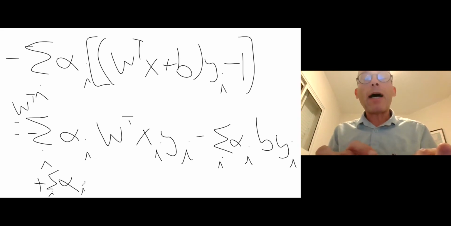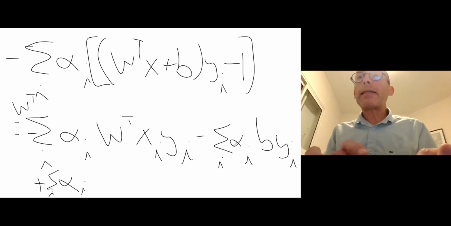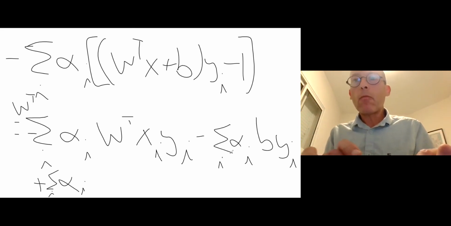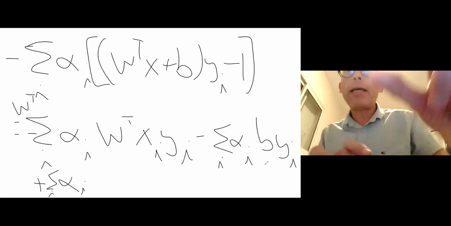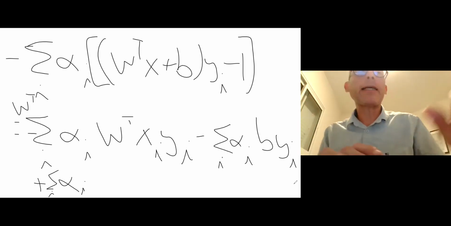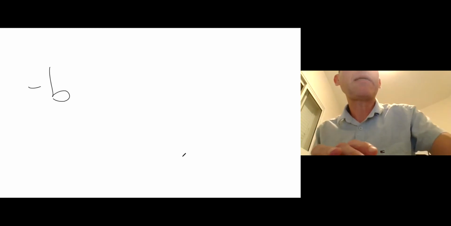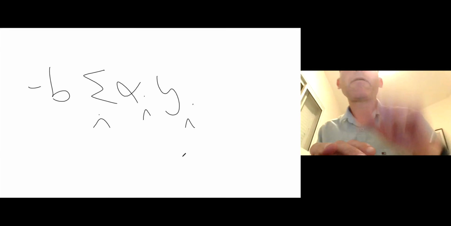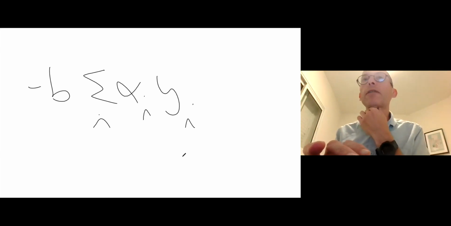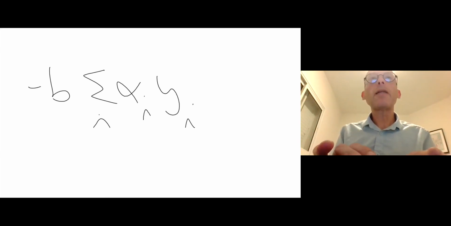Sum over i, alpha_i, we don't have a lot to say. Now, what is alpha_i b y_i? Or we can write, again, b is not a function of i, so we can write it as minus b times the sum over i alpha_i y_i. What is this? What's the value of this function? Anybody can write to the chat.